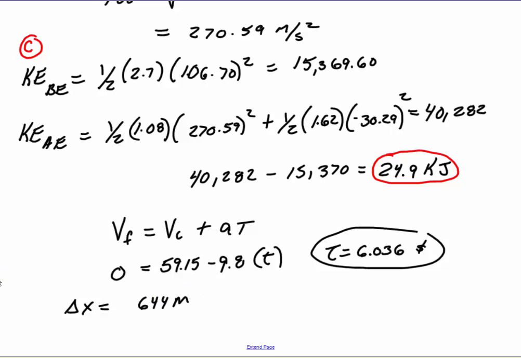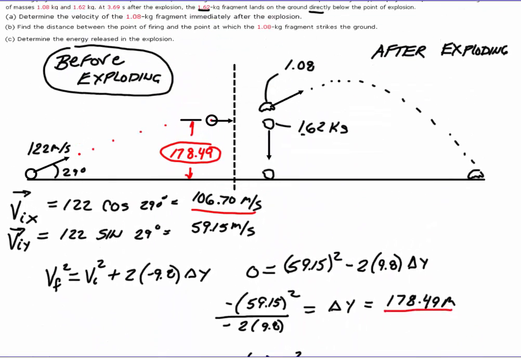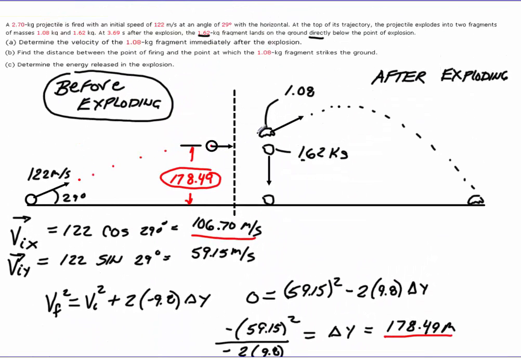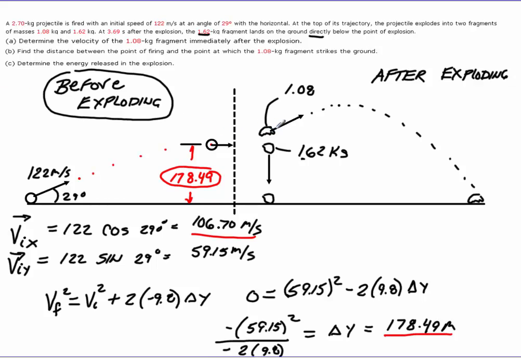Now, that's not the final answer, because this particle we're looking for has traveled that far in that time interval, but now it's being launched at a height, and it also has a vertical velocity. So we need to find how much time it's going to take to go back and hit the ground.